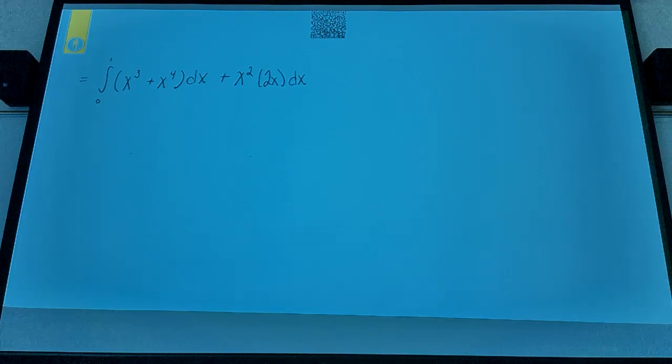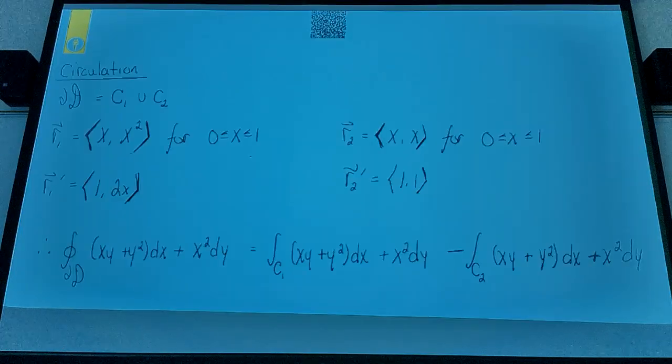Minus the integral from 0 to 1 of x times x plus x squared. R2 prime is 1 comma 1. dx is dx.